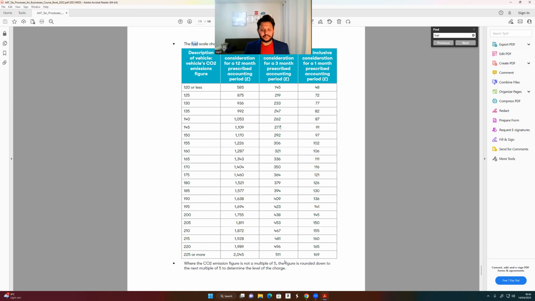Remember that for the VAT, we have to always round it down. So we need to always round it down, so that means every 5. You can see 125, then 130, 130 to 135.